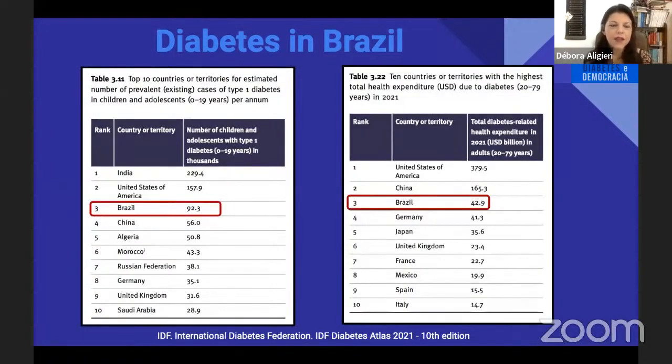And we are also in 3rd position for children with type 1 diabetes. Considering adults also, we have almost 1 million people living with type 1 diabetes. We are also in 3rd position with the highest health expenditure due to diabetes.